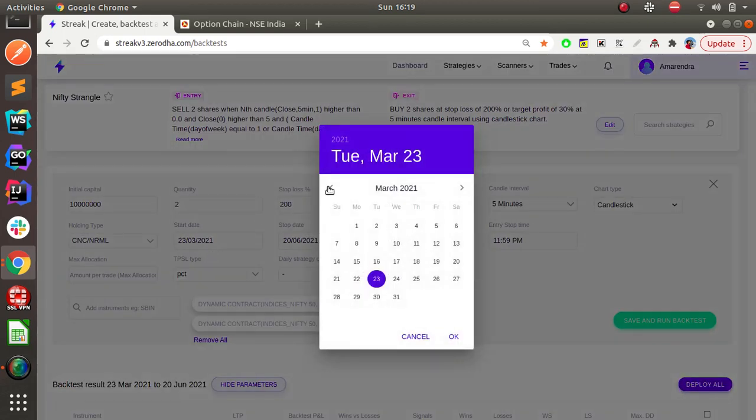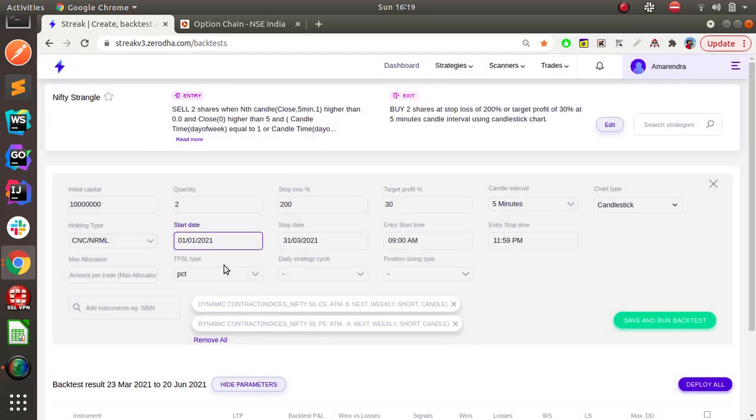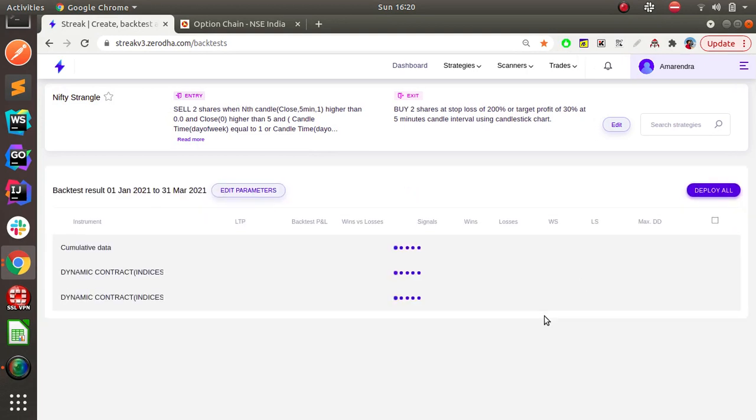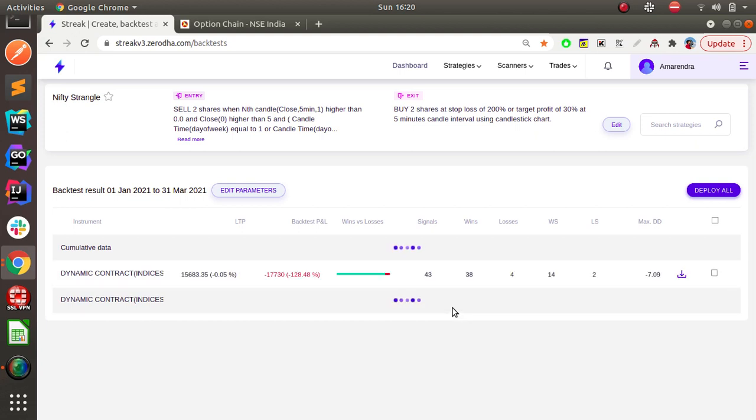Let's backtest if you want. For example, January I gave, so it will automatically adjust to 3 months, since this is only a 5 minutes candle. So let us see, there are chances of failures if the market moves in one direction. A short strangle may not work, but still it will work here, because the adjustment is done by the system itself.